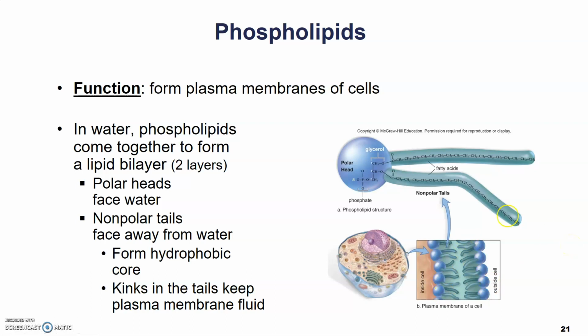That's because once you put phospholipids in water, those water-fearing fatty acid tails are all going to clump together and try to get away from all of the water, whereas those hydrophilic, water-loving heads are fine with water, and so they can face out either into the environment or to the inside of the cell, both of which are water, and everything is totally fine. And so you have this structure where there are two layers of phospholipids with the heads pointing outwards towards the water, and the tails pointing inwards to form kind of a hydrophobic core.